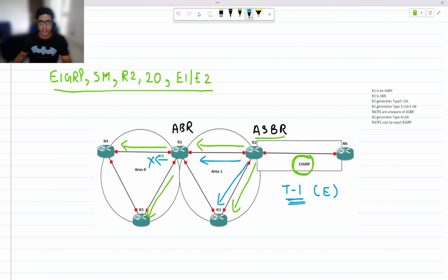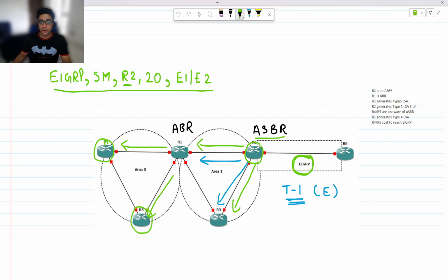Now what is happening here is that R1 will forward LSA number 5, but in the LSA 5, to reach the external network, the router is R2. So R4 and R5 know that to reach the external network, they need to reach R2, but they do not know how to reach R2, right?